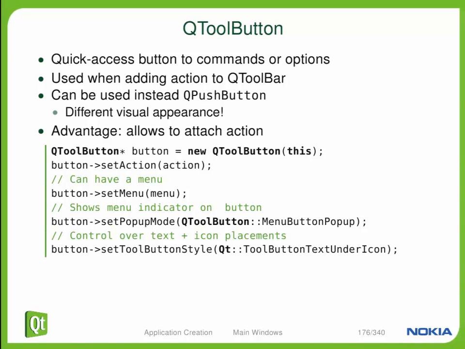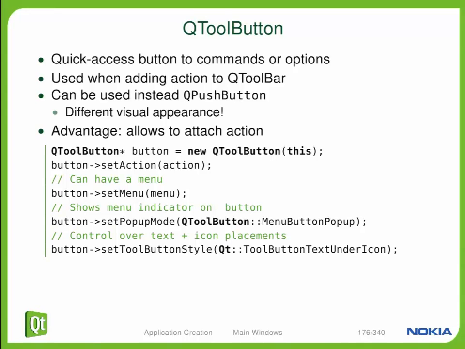So here's an example of a QToolButton, where we're making an instance of it and then setting an action on the button. Anytime this button is clicked, the action's triggered signal is going to be fired, and any slot that is connected to that action will be fired.